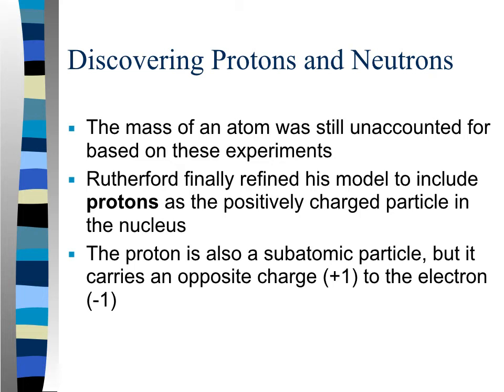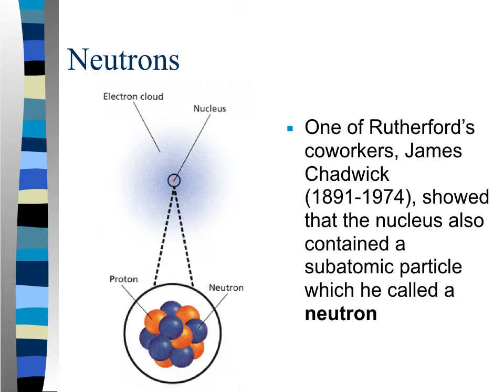So Rutherford finally refined his model to include protons as the positively charged particles in the nucleus. The proton is also a subatomic particle, but it carries an atomic charge of +1, which negates the electron's -1. One of Rutherford's co-workers, James Chadwick, showed that the nucleus also contains subatomic particles, which are called neutrons.